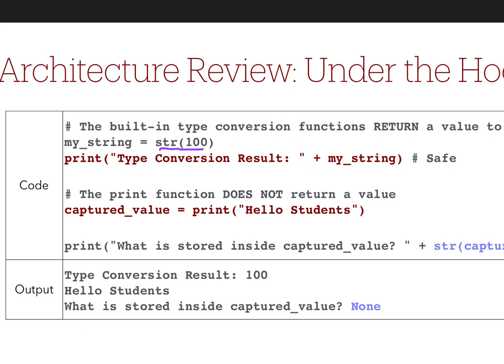So when I print this, the type conversion result with 100 will be displayed. And if I call print with hello students, then hello students will be displayed on the screen when this right-hand side is evaluated.